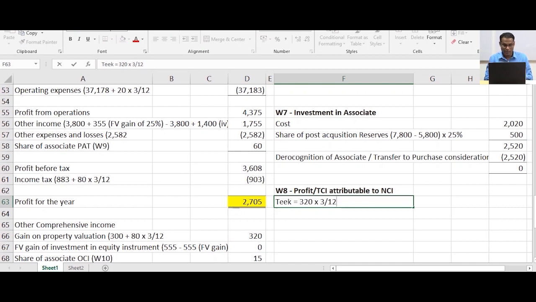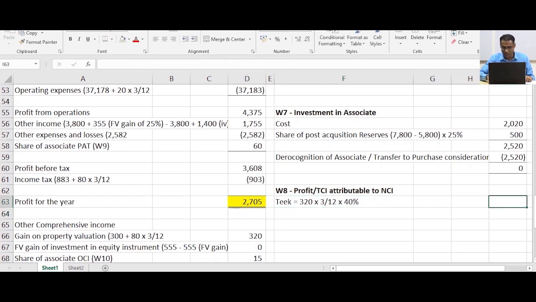So the total profit 320, out of that the last 3 months profit, 3 upon 12, into 40% to the non-controlling interest, simple. So take the number here, 320 into 3 divided by 12 into 40%.